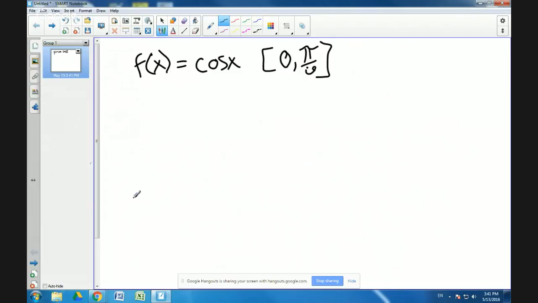How we set this up, we're going to use the average value theorem we just talked about, which is 1 over b minus a. B is pi over 6, and a is 0. 1 over pi over 6 minus 0, times the integral from 0 to pi over 6 of your function, which is cosine x.